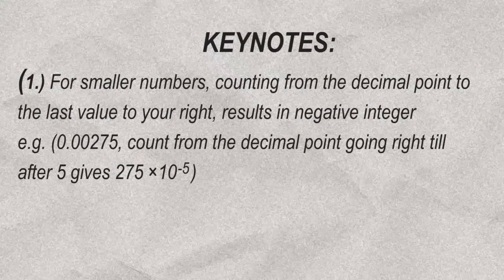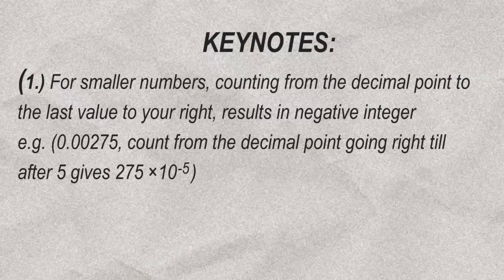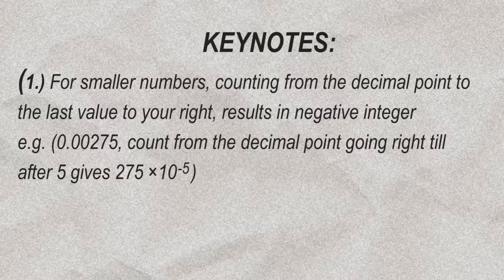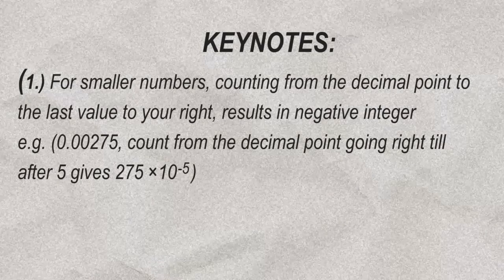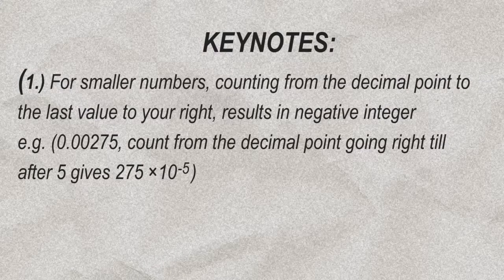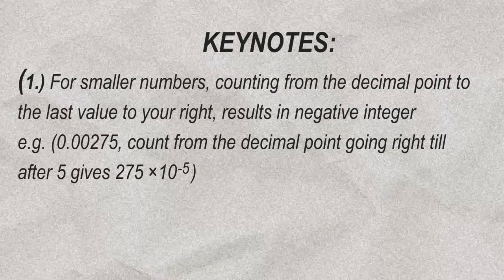That means the decimal point will now appear after 2, and that gives us 2.75 times 10 raised to power minus 5. It is negative because we counted from the decimal point to our right-hand side. So for any smaller number, counting from the decimal point to the right gives a negative integer. That is keynote 1.